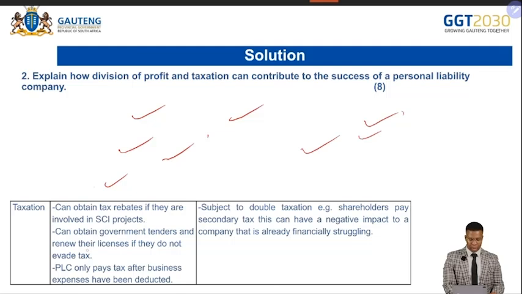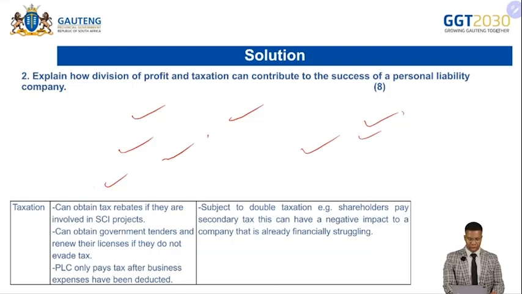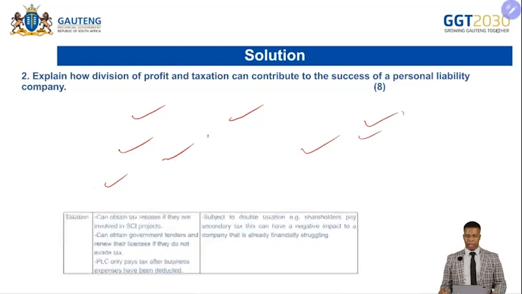And then a PLC, again personal liability company, only pays tax after they have paid their expenses. However, negatives are that shareholders may be subjected to double tax, e.g., shareholders pay secondary tax. This can have a negative impact on a company that is already financially struggling.